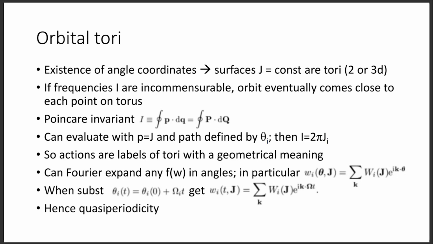And when we substitute in the trivial time dependence of the angle variables under the equations of motion that we already established, you find that a phase space coordinate is a function of time and actions, while actions are constant along our orbit, is simply a series of constants times e to the i k dot omega t. In other words, we recover the quasi-periodic property of phase space coordinates when you integrate an equation of motion.